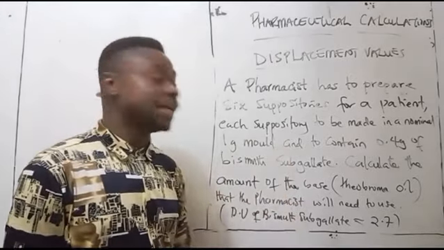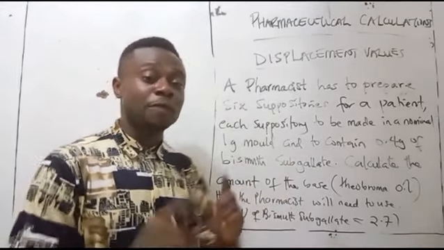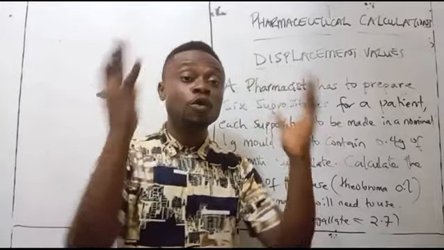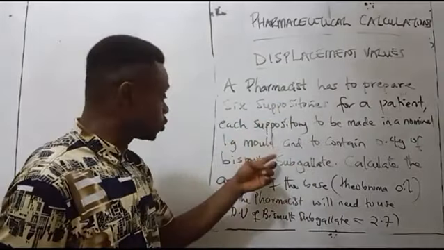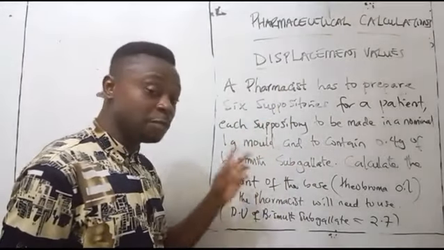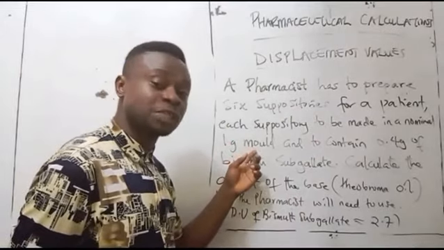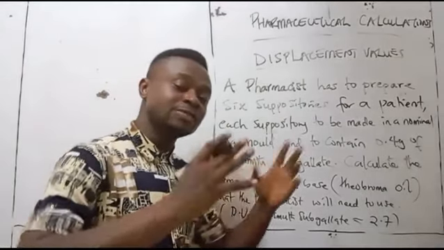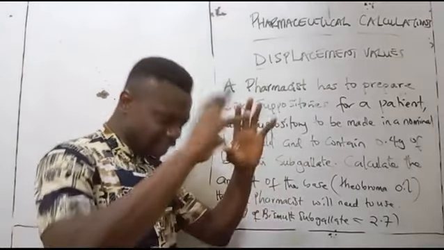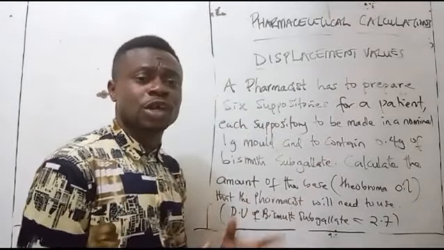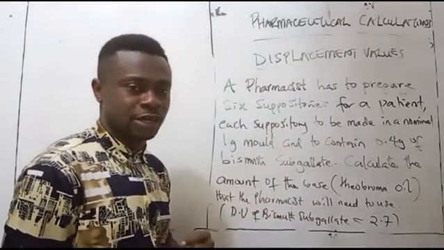But remember, we assume that the entire mold is a 1 gram mold. In a suppository mold, we assume that the entire mold is filled with theobromine oil.